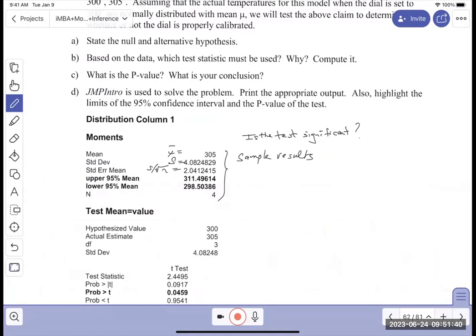N is here. And what is this? How do you get this number, 311? What is that upper 95% mean?